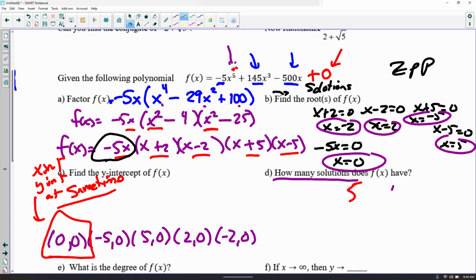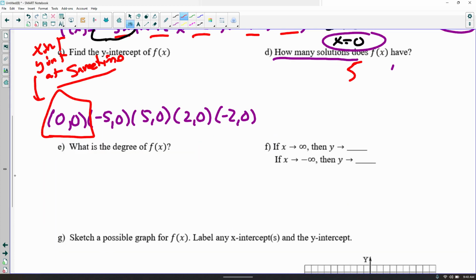All right, what degree is this? What is an x to the 5th power? Quintic, Q-U-I-N-T-I-C. What is an x to the 4th called? It is a quartic. What is an x cubed called? It's a cubic.